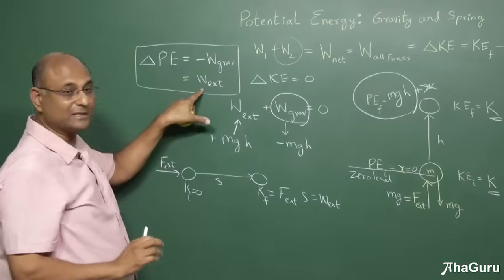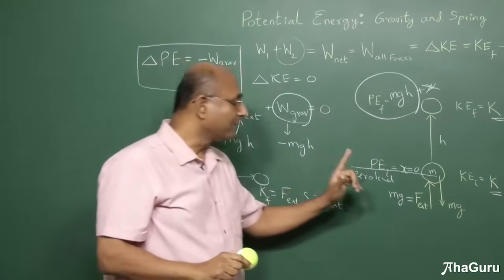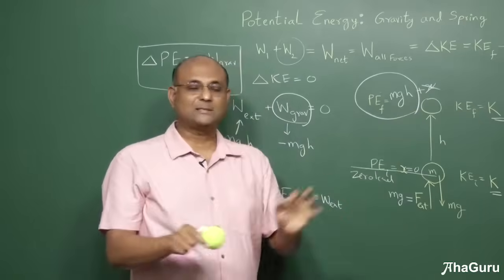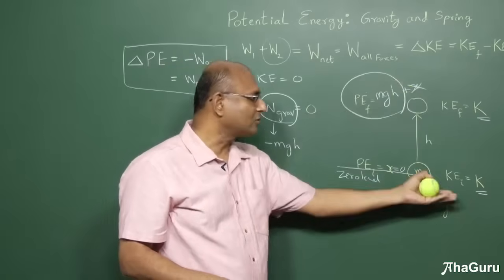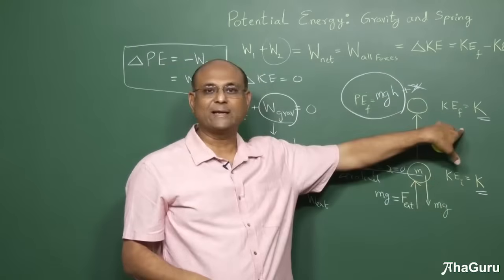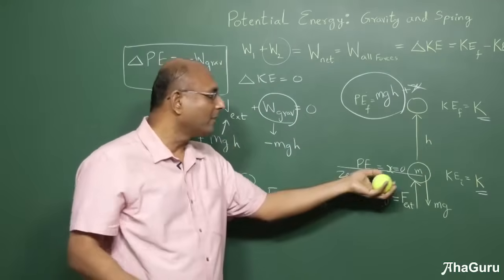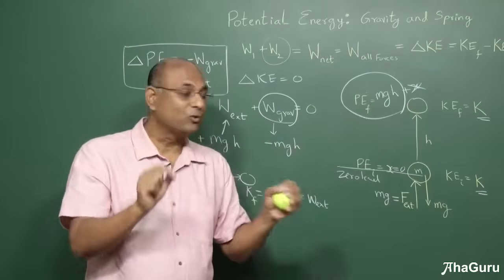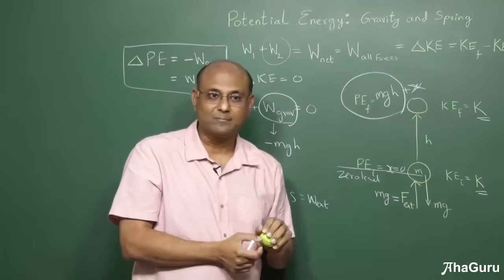So work done by the external force, there is a small set of things that you should keep in mind. This work must be done in such a way that kinetic energy does not change. Simplest is to say, move it very slowly. If it's very slowly, here also kinetic energy is zero, there also kinetic energy is zero. So work done by an external force in very slowly moving the object is equal to the potential energy stored at the end.